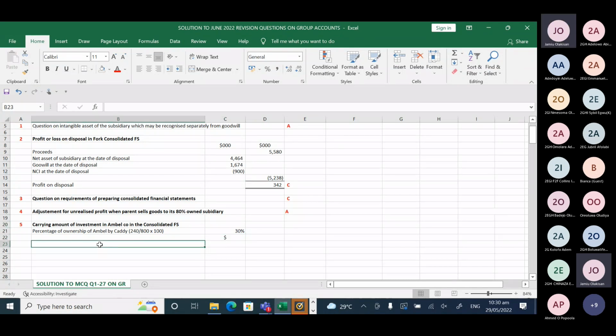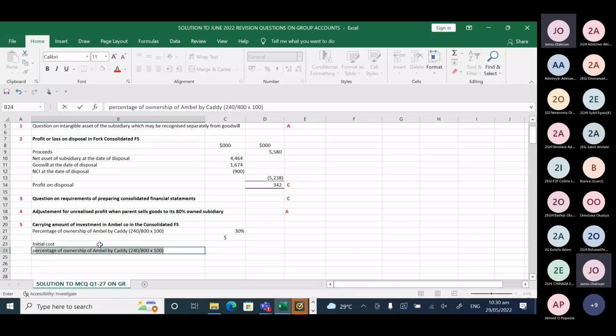When you are trying to determine the carrying amount of investment in associate using equity accounting, the starting point is initial cost, right? After that, you add the group share, or parent share, it is the same thing, of the post-acquisition return of the associate.